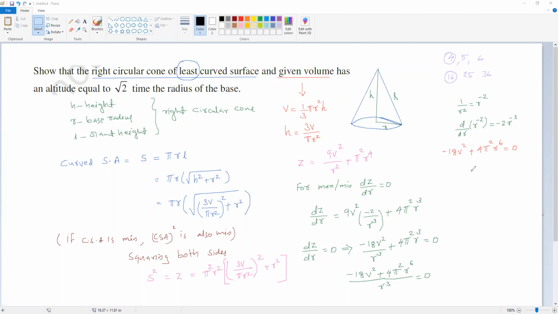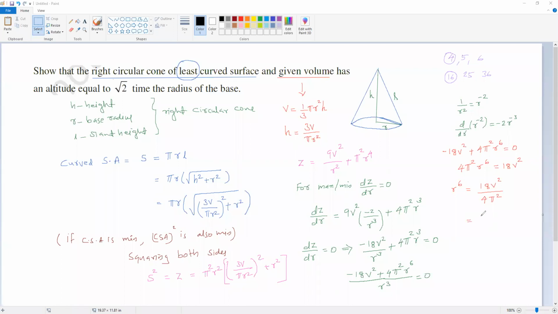That means 4 pi square r to the power 6 is equal to 18 v square, or r to the power 6 is equal to 18 v square divided by 4 pi square.